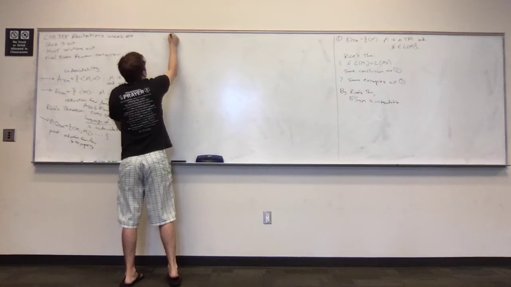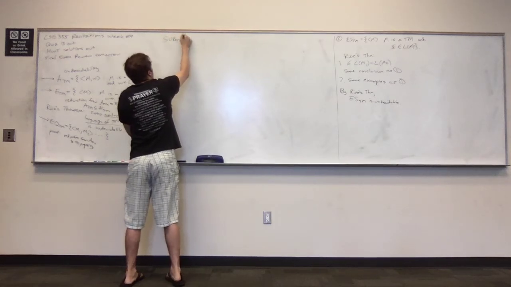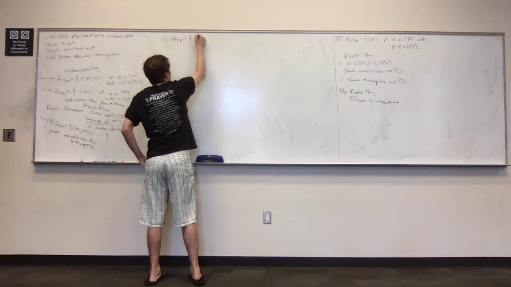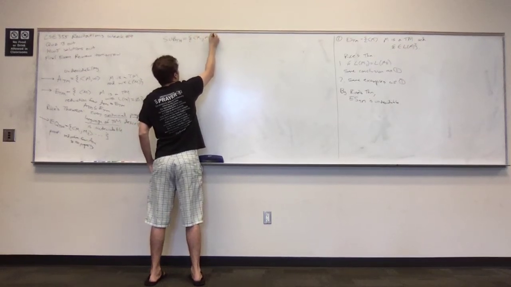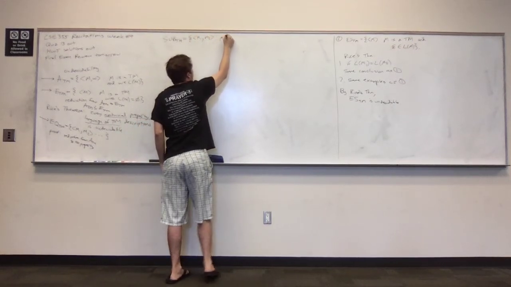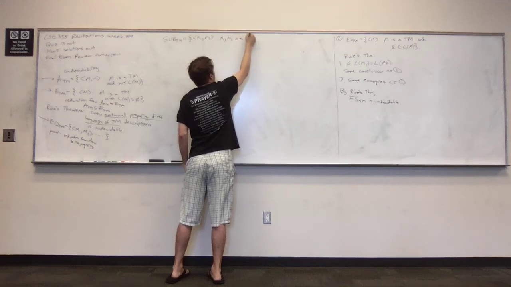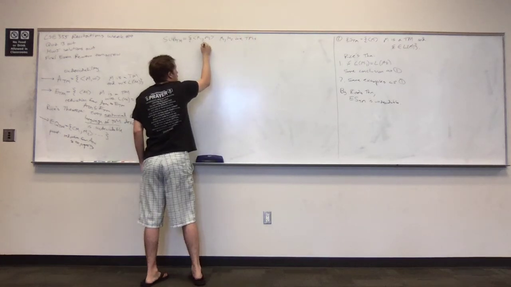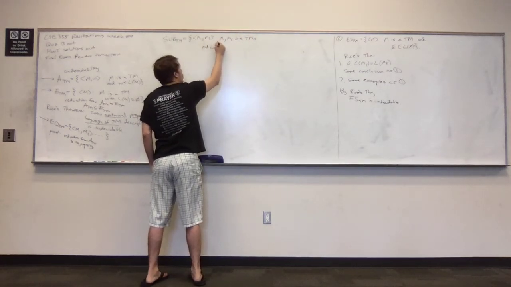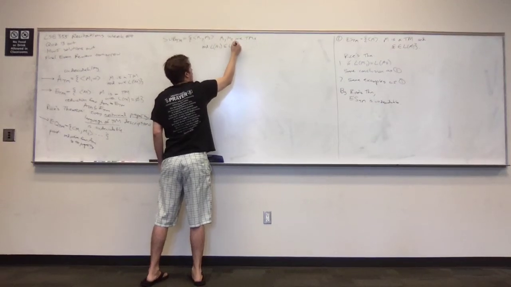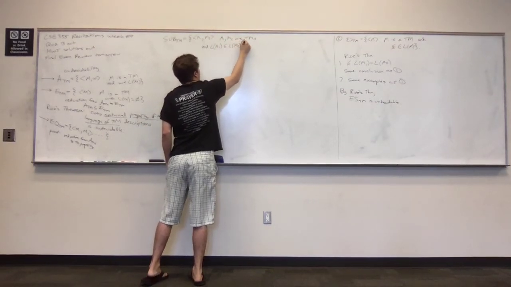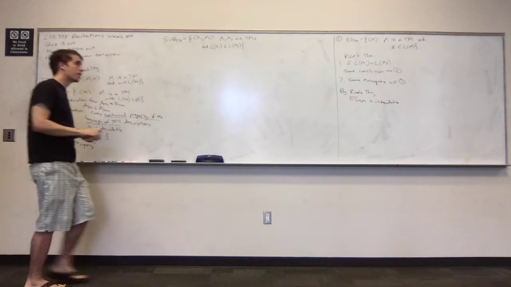It's called sub-TM, and it's all pairs of machines M1, M2 that are TMs, where the language of the first one is a subset of the language of the second.